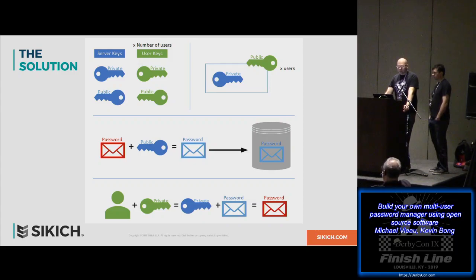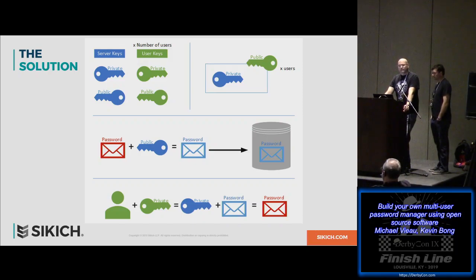That's fine. And then we put in the password that we want to encrypt. We encrypt that password with the server's public key, and then we store that into the database. The user comes along and logs into the box using SSH with the passphrase for their SSH key.